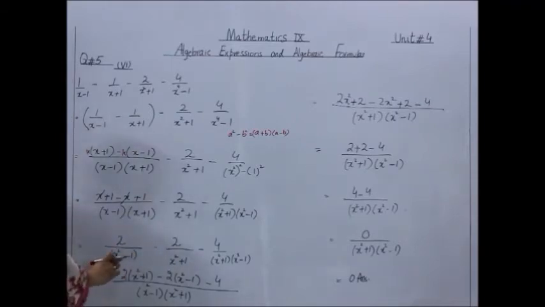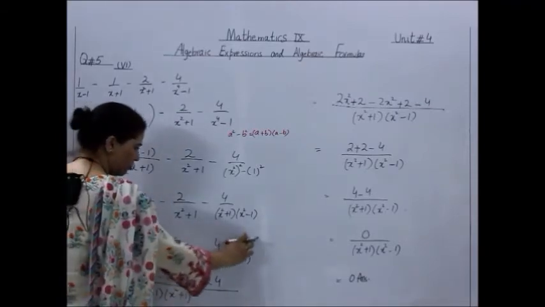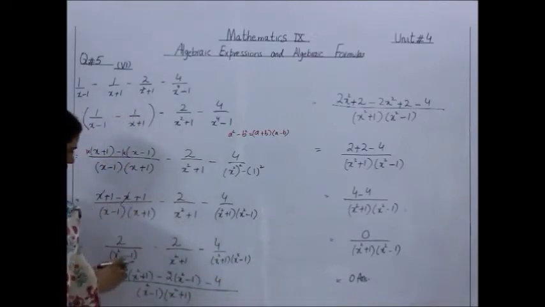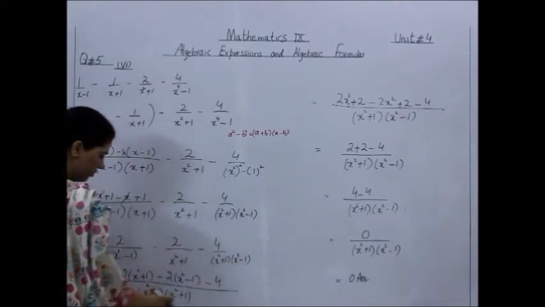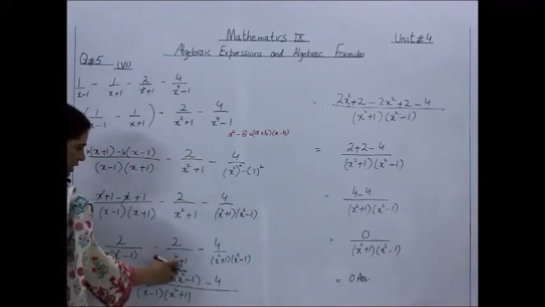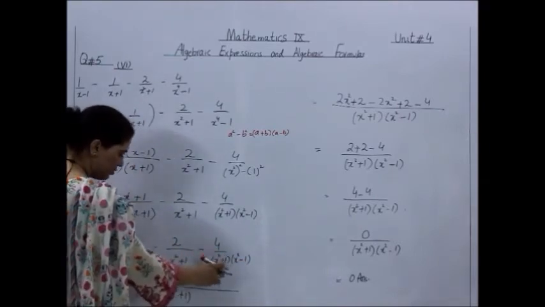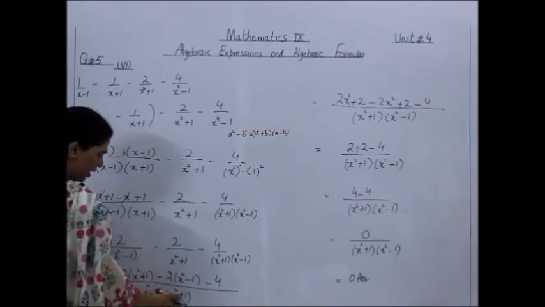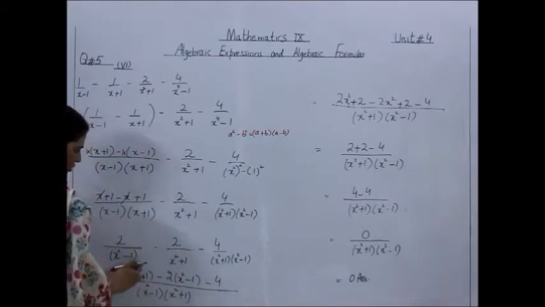Okay, again 3 rational expressions are there. We will take LCM, common factors multiplied by non-common factors. X square minus 1, x square minus 1, we will write once. X square plus 1, x square plus 1, we will write once. Same things we leave, and 2 will be multiplied with x square minus 1.